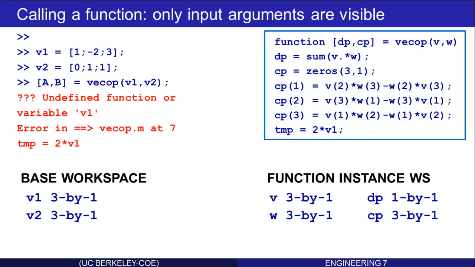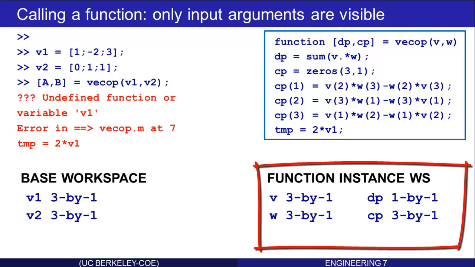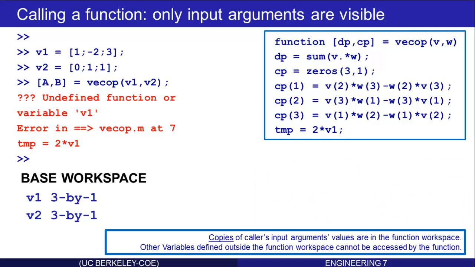That creates an error inside vecop.m at line 7, saying that v1 is an undefined variable. So even though v is a copy of v1, v1 itself is not visible in this workspace. The message? Copies of caller's input argument values are in the function workspace. Other variables defined outside the function workspace, here v1 for instance, cannot be accessed inside the function.